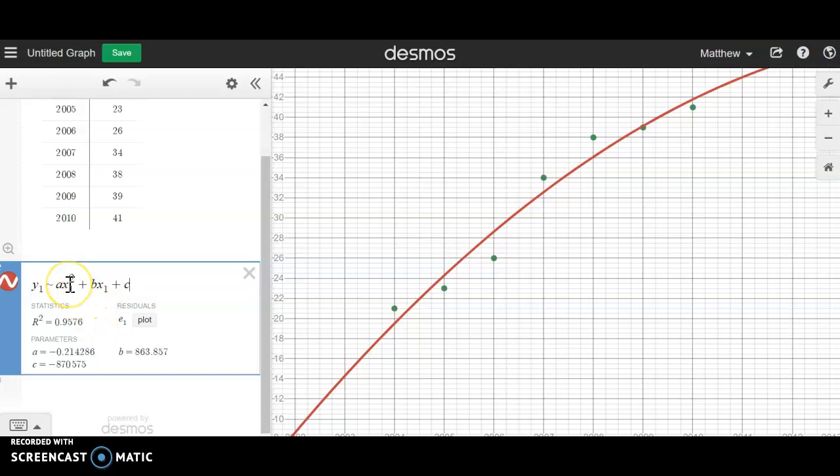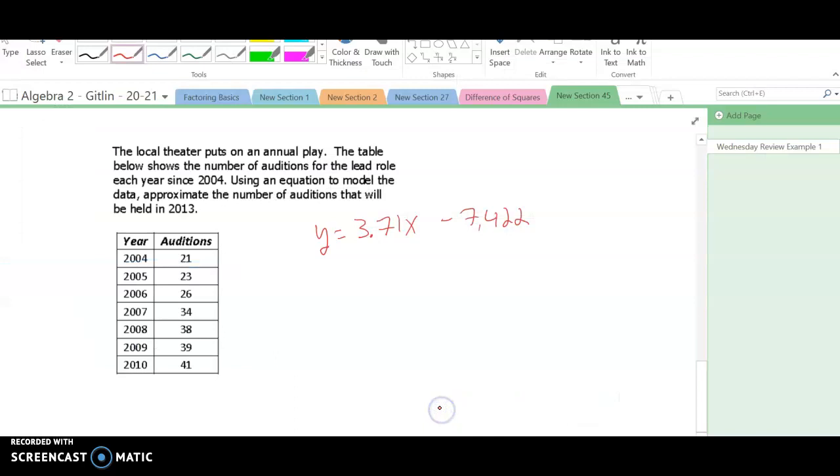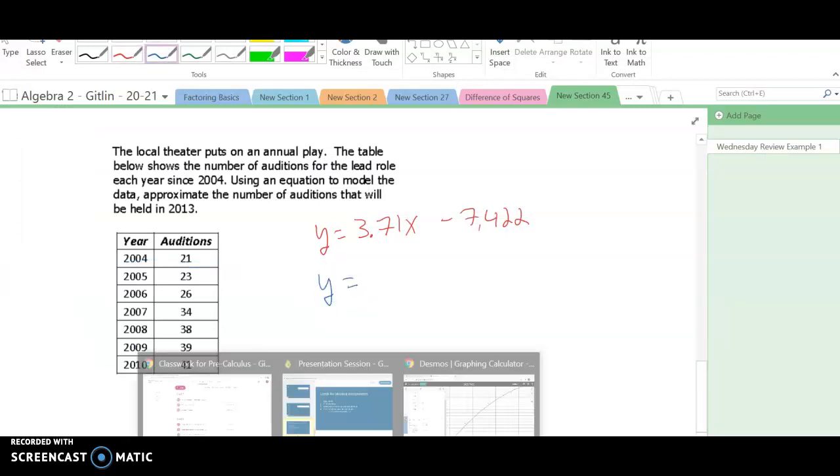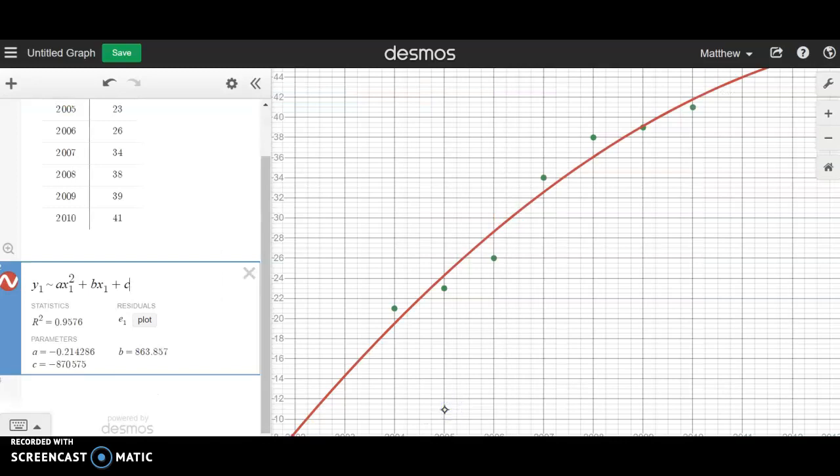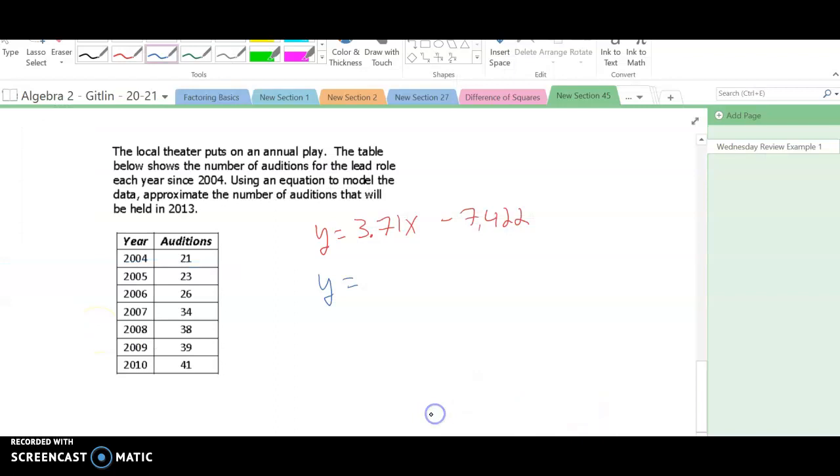And then if we wanted to write this equation, let's actually do that really quick, because sometimes it'll ask you to write the quadratic regression. So I'll do this one in blue. We have y equals, what's our a value? The parameter says negative 0.21x squared.